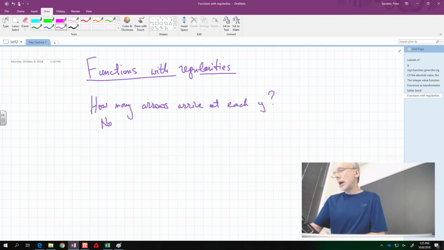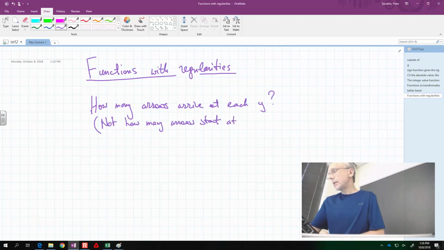Just in case, I want to mention that we don't ask how many arrows start at each x. Why are we not concerned with the second question?